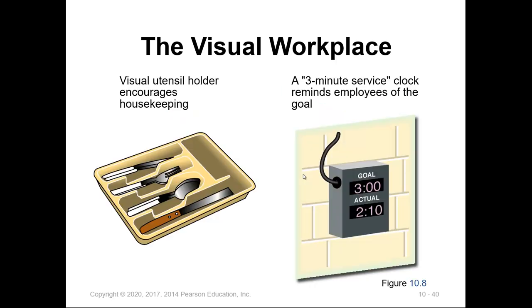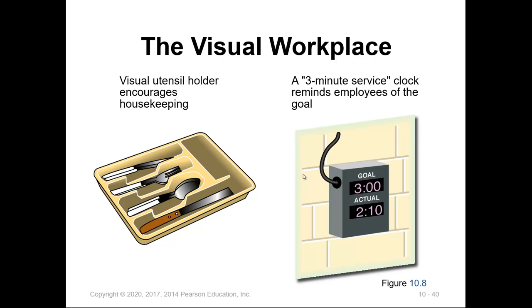This slide and the next two slides show some examples of visual signals and tools that will help in the workplace. We can also use visual utensils that will hold or encourage organization and proper housekeeping.